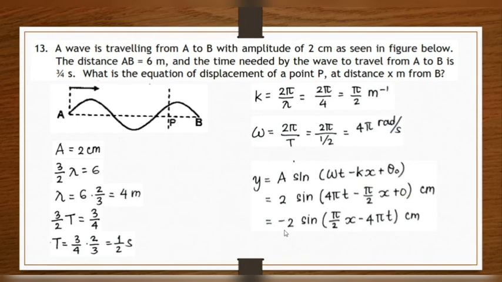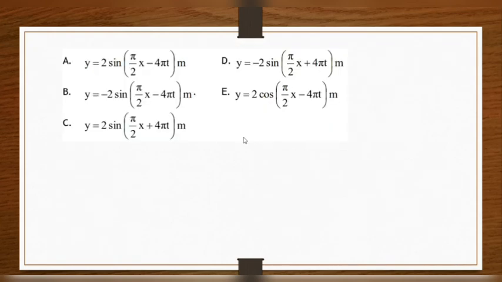This becomes negative 2 times the sine of pi over 2 x minus 4 pi t in centimeters. You have to change the unit in the options because those are all stated in meters, while we have to have the y in centimeters. So the answer will be B.